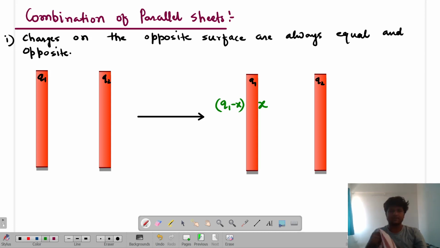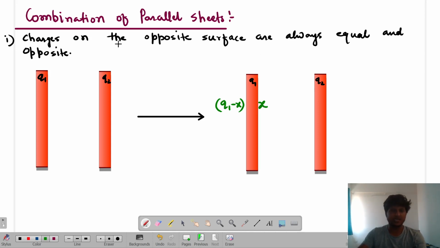So what will happen? Basically, the charge will be distributed on the top surface and the bottom surface. When the charges are separated, let's suppose on the internal surface the charge came as x. Then on the outer surface it will be Q1 minus x.